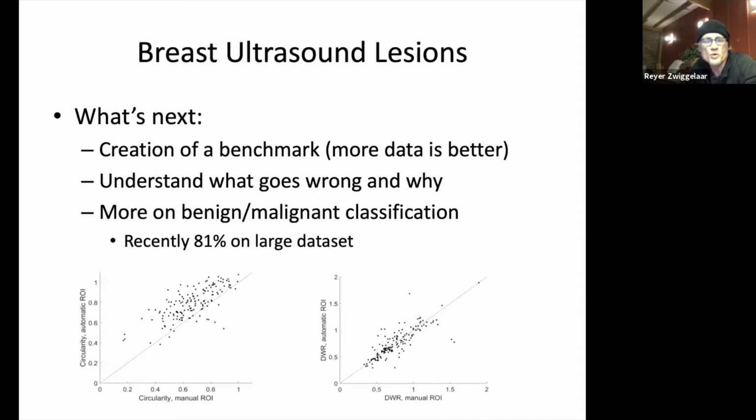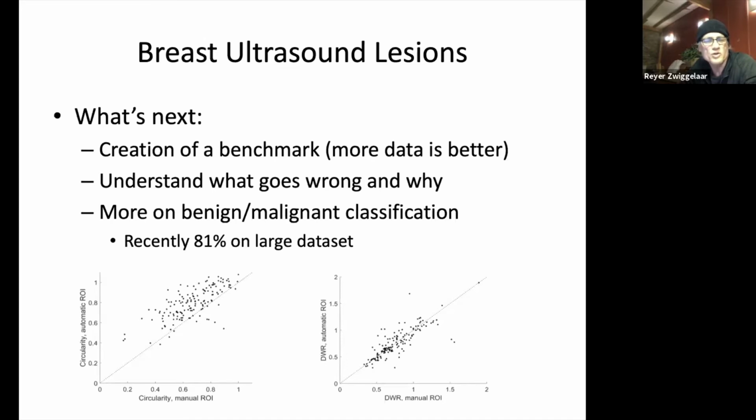And we also want to improve our segmentation approaches because effectively we want to use the output from the segmentation to feed into classification approaches. So the two graphs at the bottom indicate, for one of the deep learning networks that we've used, how the manual measurements of an abnormality compare to the automatic measurements of the abnormality, and we get good correlation for that.